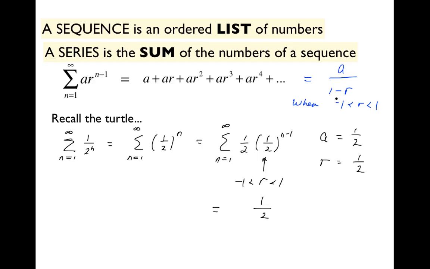A over 1 minus R, which is 1/2 over 1/2, which is 1. What happened in the end? He made it the whole length of the hallway, right? He made one trip across the hall in an infinite number of days. And so this shows that the formula we derived, the turtle walking across the hall, was a geometric series. And we just used A over 1 minus R to get the same result, 1, for that sum.